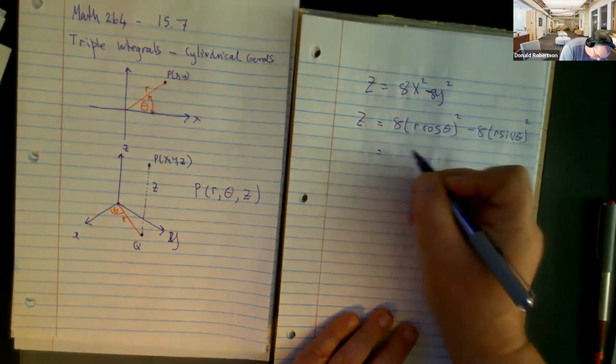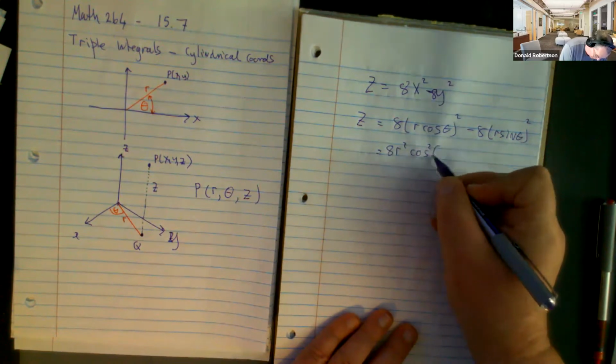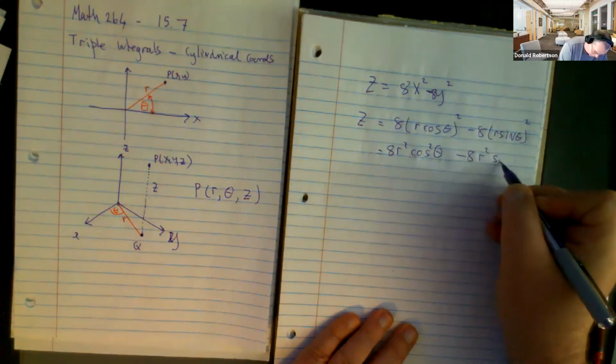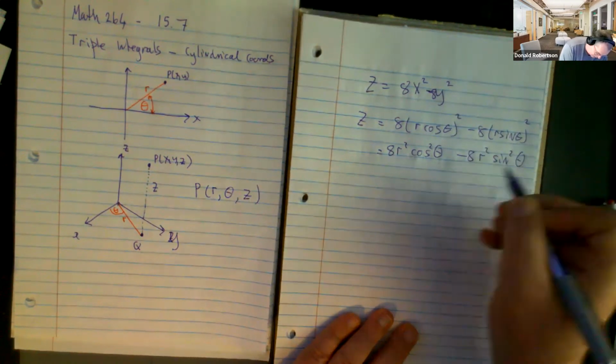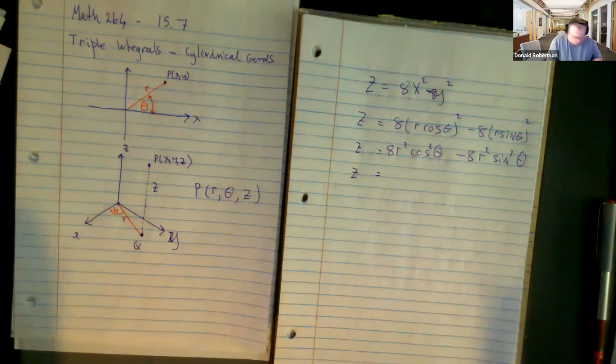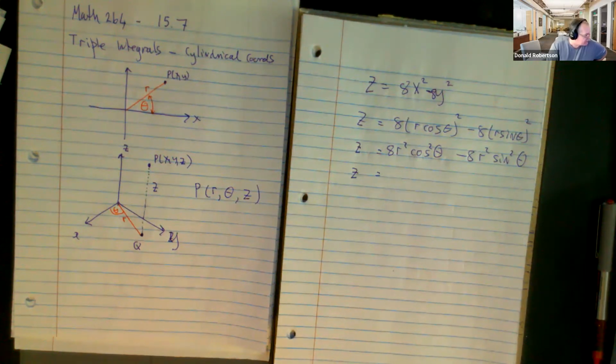If I multiply this out, I get 8r squared cos squared theta. If I multiply this out, I get 8r squared sin squared theta. And we're always on the lookout for style points, because style points are going to make the integration easier as well. I need some help here.